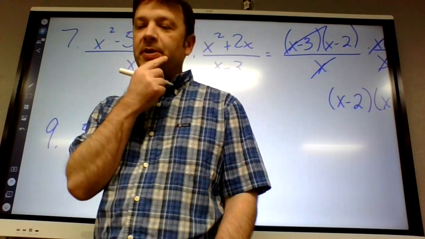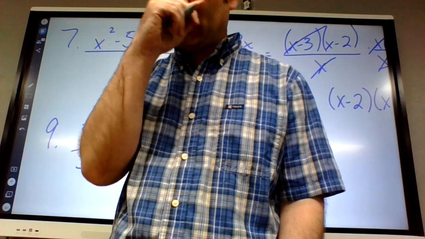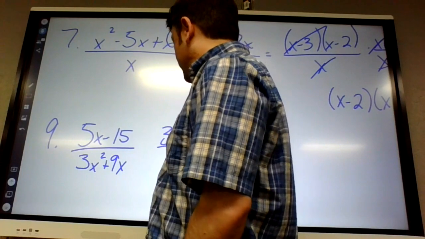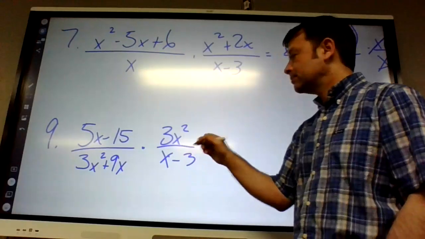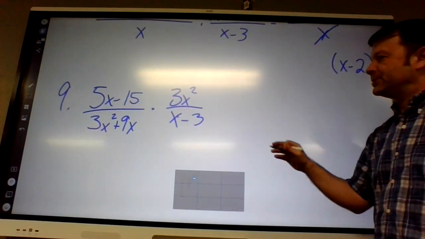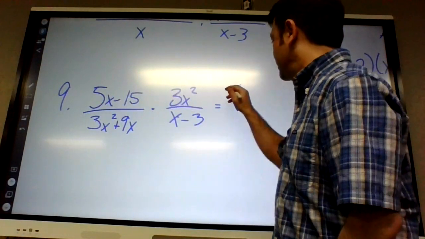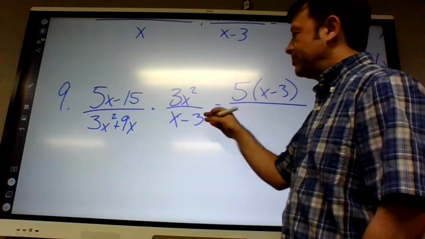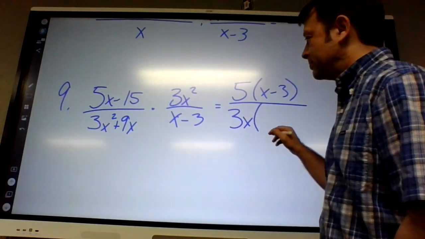Okay, number 9, no that's not it. Number 9 is division, so what do we do on division? Switch it. Flip the second one. When you flip the second one, it becomes a multiply again. So it's 3x squared over x minus 3. All right, can I factor any of those? Take a 5 out of the top left. On the bottom left, 3x comes out.